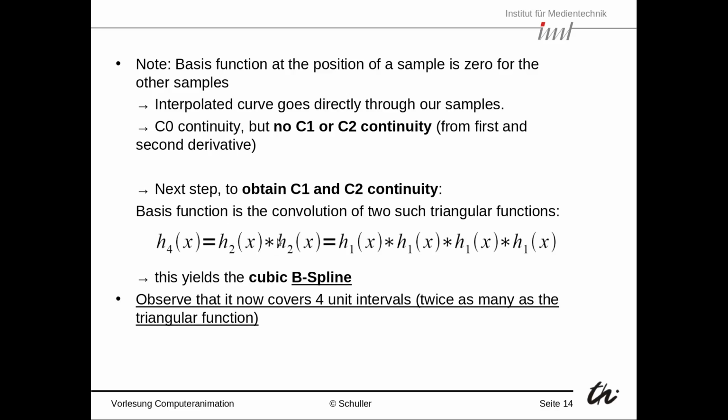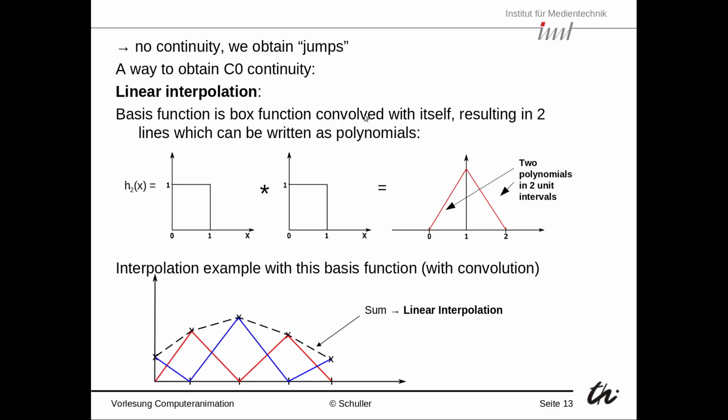We convolve the basis function with itself. Right? And remember, convolution in time or space is multiplication in the frequency domain. So if you view our basis function, like this rectangular, as a low-pass filter, it's actually a very simple low-pass filter, as the Sinc function was a very sophisticated low-pass filter.